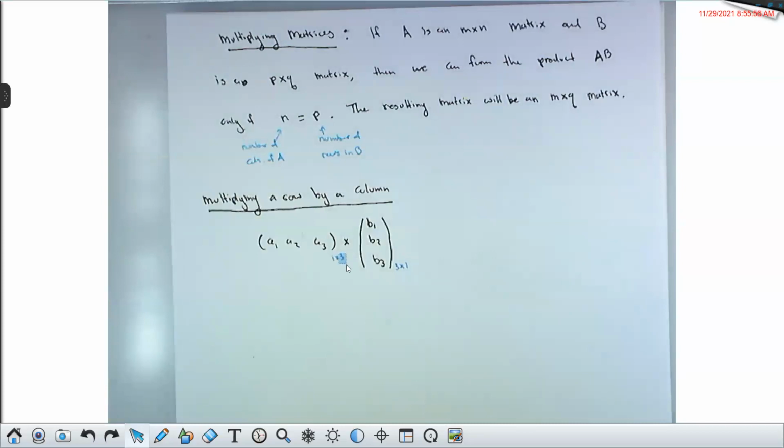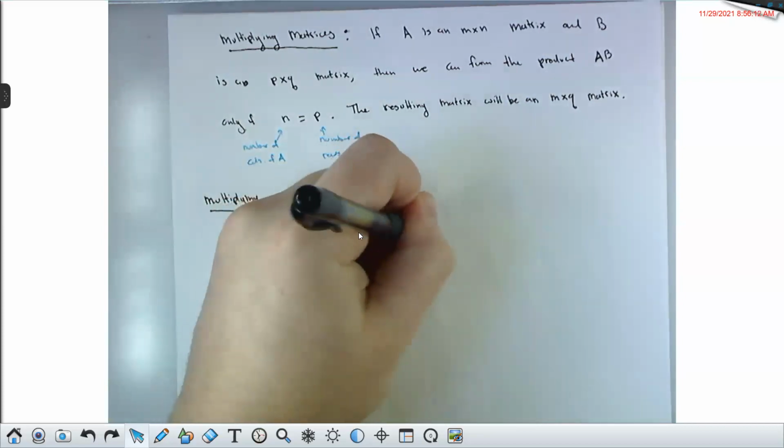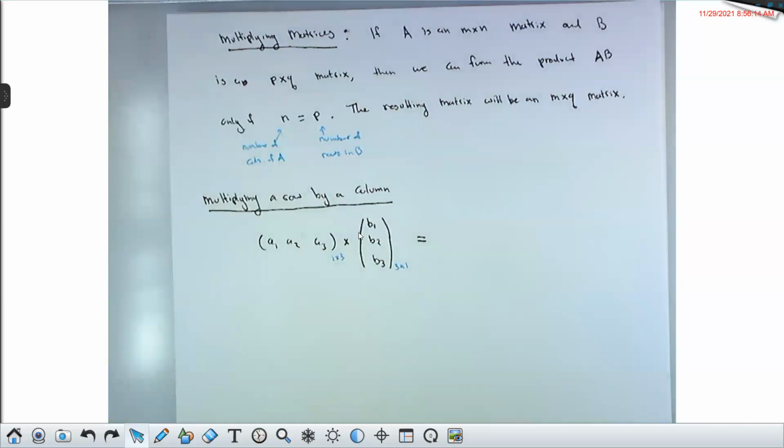The number of columns of A, there's 1, 2, 3 columns, is the same as the number of rows of B. There are 1, 2, 3 rows. The second number here has to match the first number here. And the result is just a number, a 1×1 matrix.